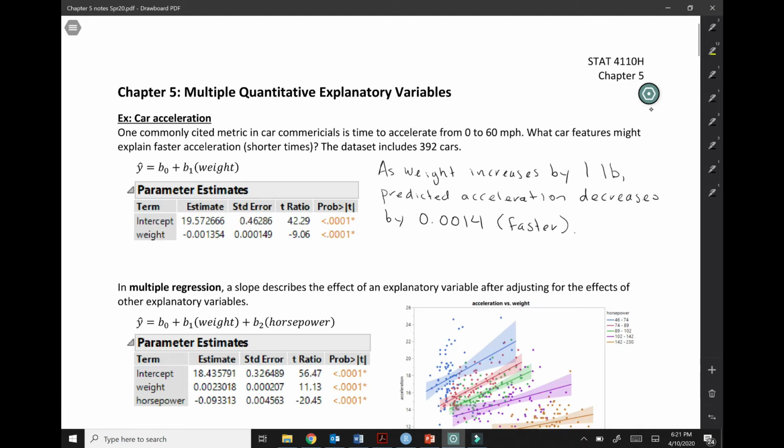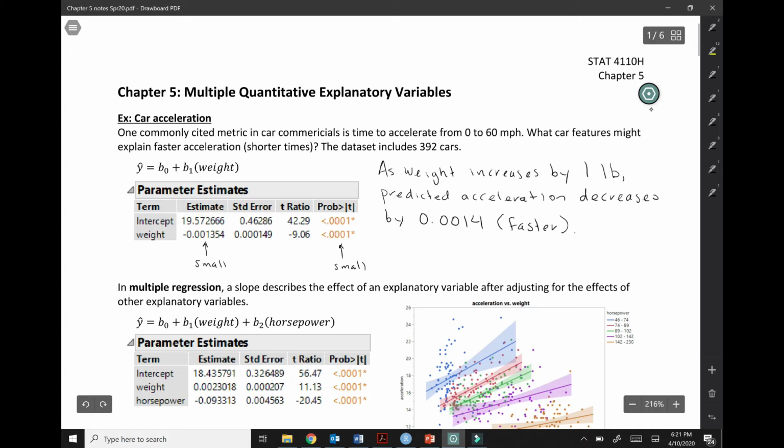Okay, so we already saw in the other graph why we have a negative slope here. So it would be kind of surprising that heavier cars are accelerating faster, but we already saw that that's related to the horsepower. But there's still something that's a little bit strange here, because this is a really small slope, and yet we also have a really small p-value, right?